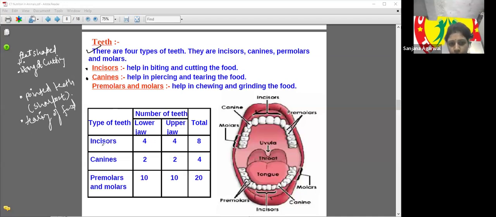The numbers are already shown here: incisors are total 8, 4 pairs; canines, 4; premolars and molars, 20. Separately we'll learn about these. Three points about canines: they are pointed teeth and so the sharpest, two pairs or four in number in all, and used for tearing the food. Done?